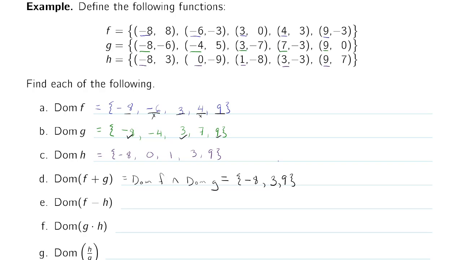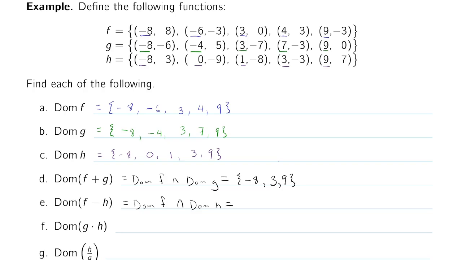So the domain of f plus g, which is the domain of f intersect with the domain of g, consists of the three numbers -8, 3, and 9. Let's do the same thing for these other examples. Right, so the domain of f minus h, that's going to be the domain of f intersect with the domain of h.